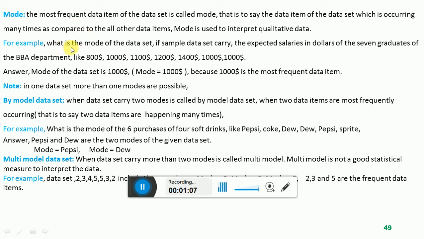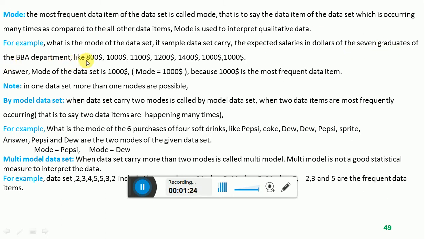Now we are further clarifying the concept of mode by putting one example. For example, what is the mode of the data set? The data set carries the expected salaries in dollars of 7 graduates of the BBA department.